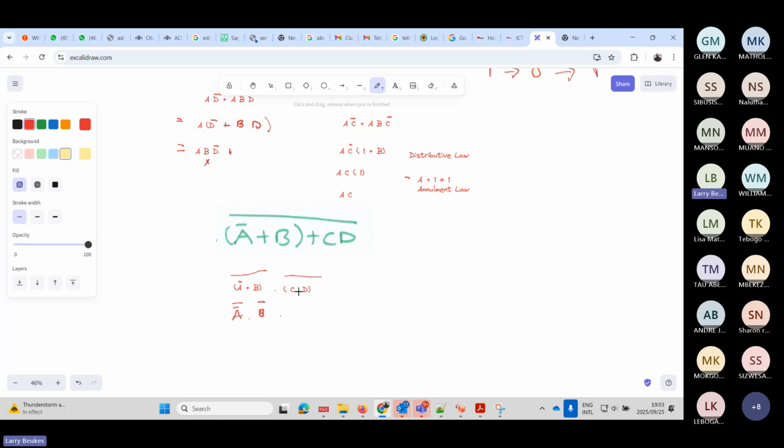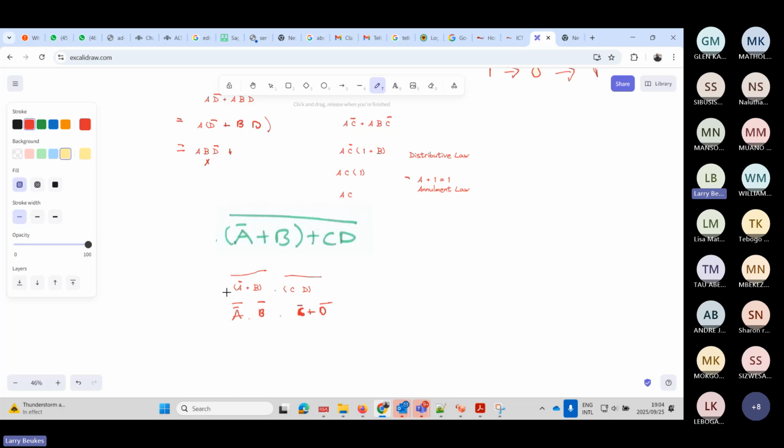Then we have this here, break the line, change the sign. So we're going to have the C or B. So we broke that line. Then we change the sign, right? Oh, guys. Okay, that's a C. Pretend it's a C, right?